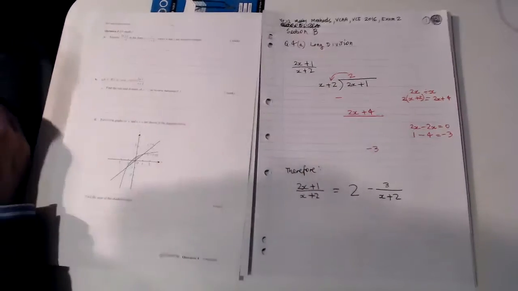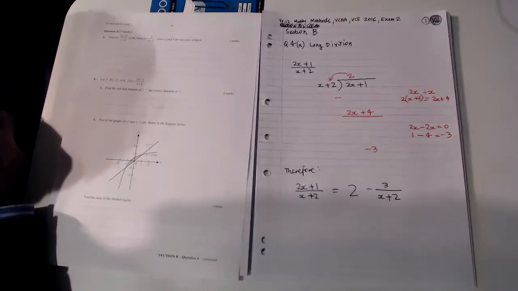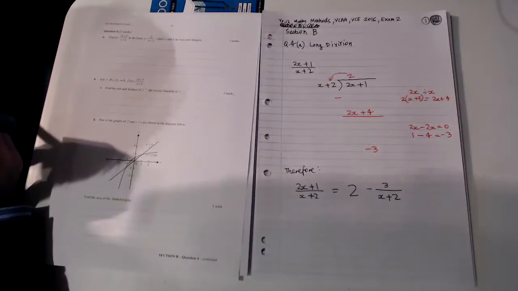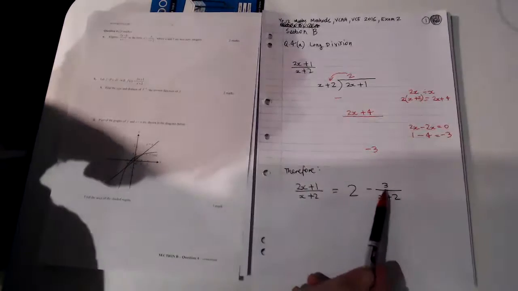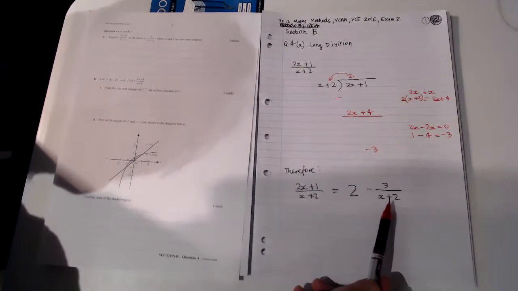But of course, because it's exam 2, where you can use a CAS calculator, it's much quicker and easier to do the long division on the CAS calculator. And if you like, you can use the improper fractions function on the CAS calculator, and you will get the final result as being 2 minus 3 on (x plus 2).